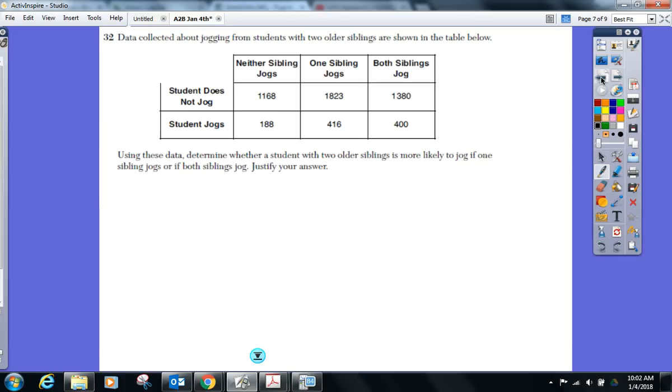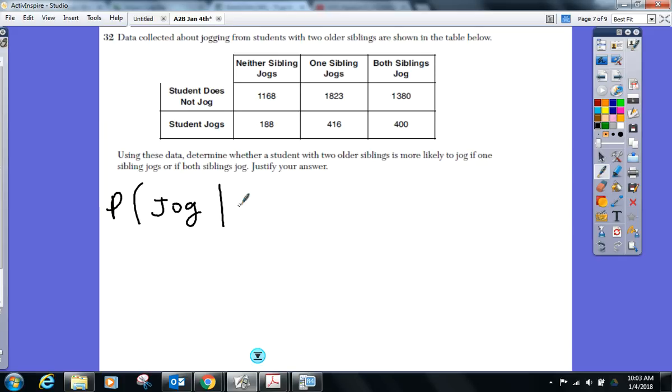Determine whether a student with two older siblings is more likely to jog if one sibling jogs or if both siblings jog. Who's more likely to jog if you have one sibling or both siblings? Okay, so we're going to set up two of them right now. The probability you jog, given what do we need to test first?